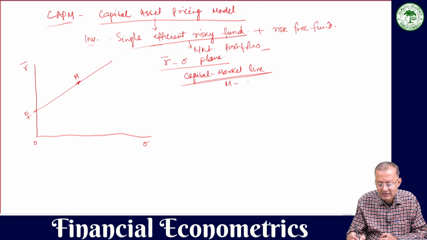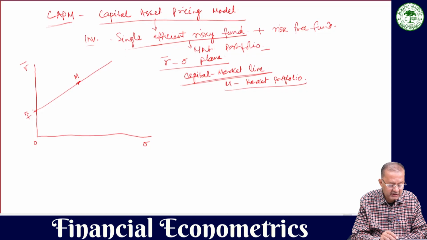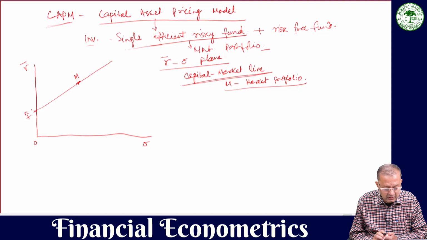M is called the market portfolio. So it's a combination of this market portfolio and the risk free asset. This line is called the capital market line.